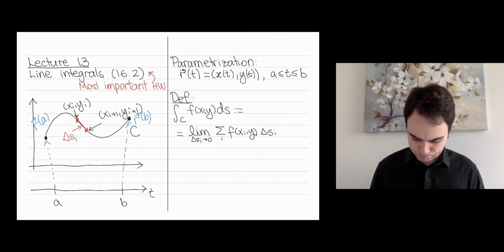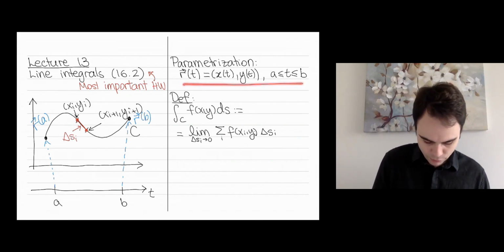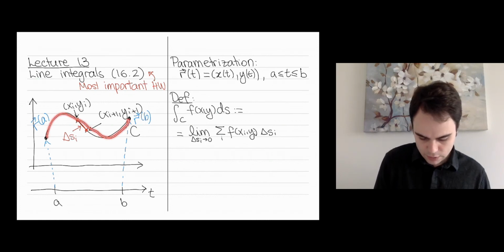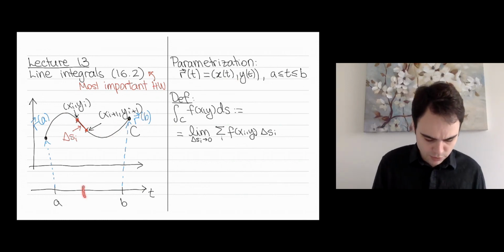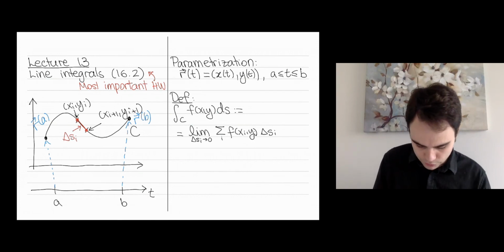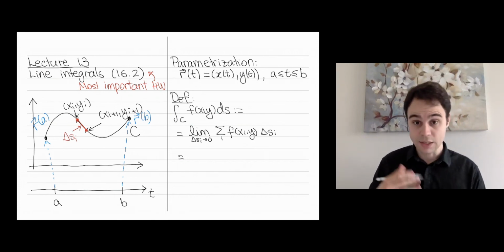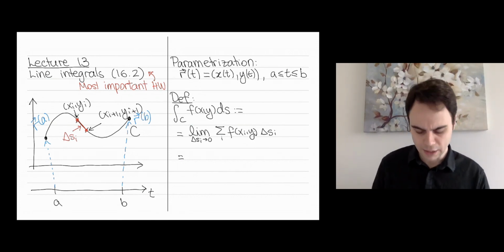Now, if we have a parameterization, this means formulas for the x and y coordinates of points in my curve in terms of a single parameter. If I have that, I can compute the line integral as an ordinary integral over the t line.